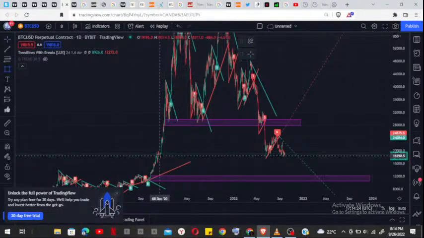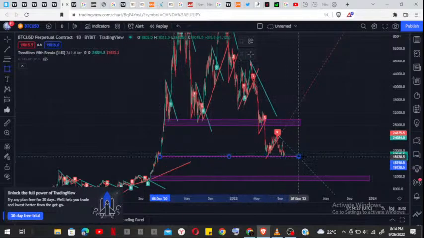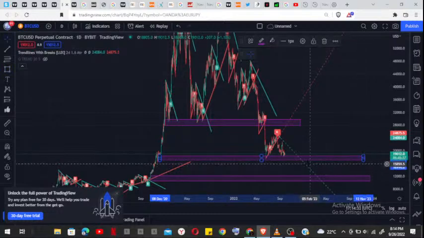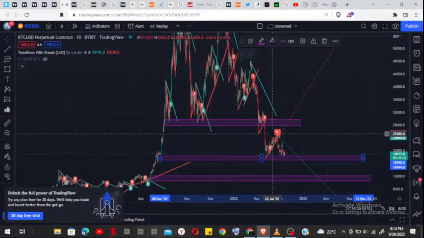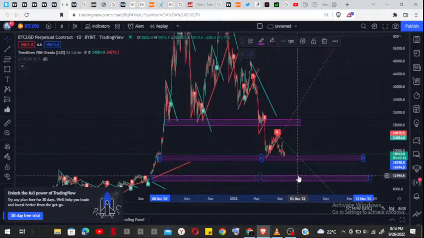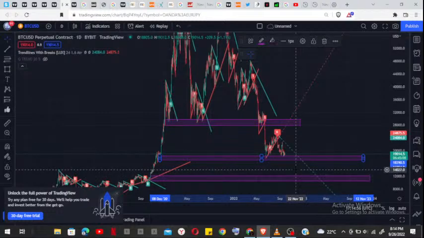You can see that when BTCUSDT got to this level, it did not break out going downwards. We could see some sort of a pull to this level, and then there was also another major drop. So there is a chance that it might keep on dropping to this level, or it will range for quite some time before actually dropping. So we have two options. It's either going to drop further, or it might go up.